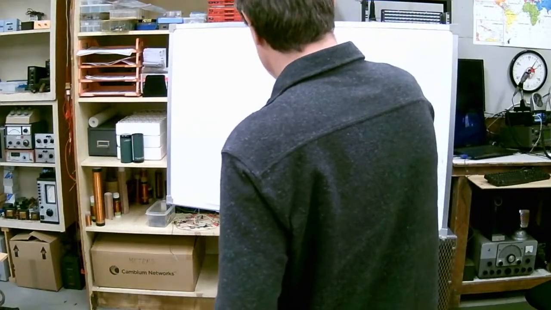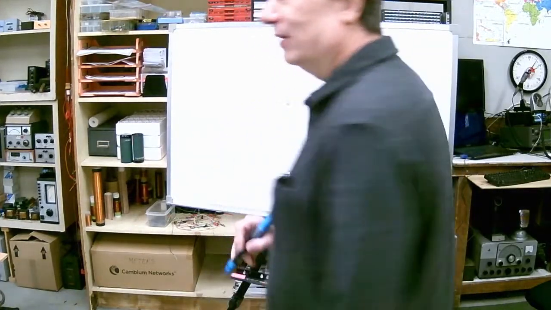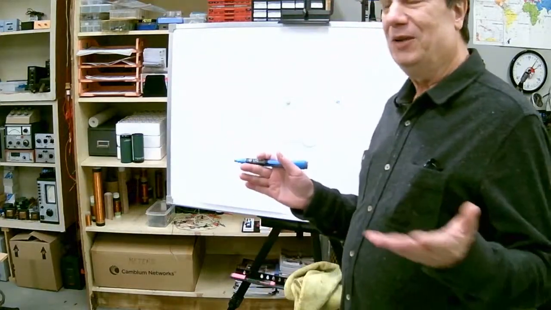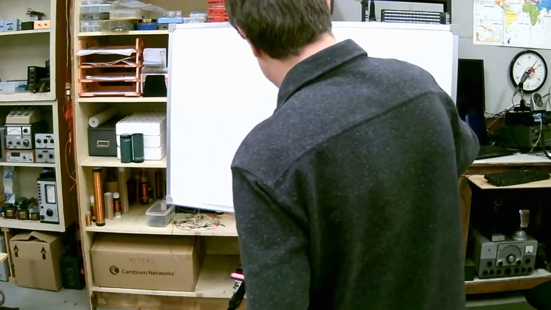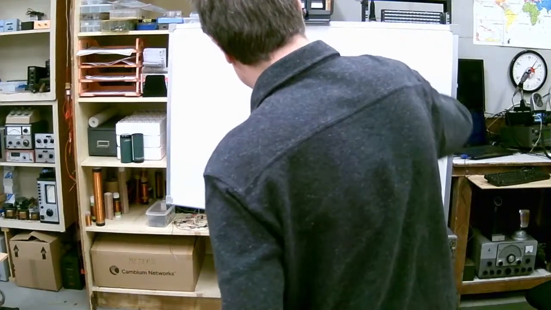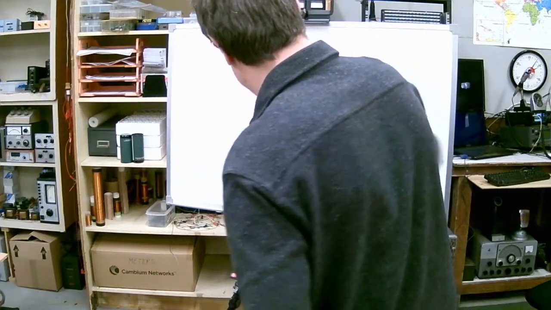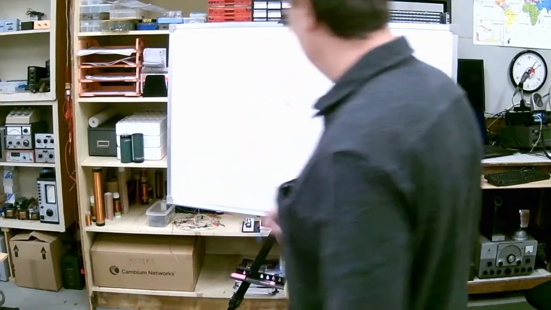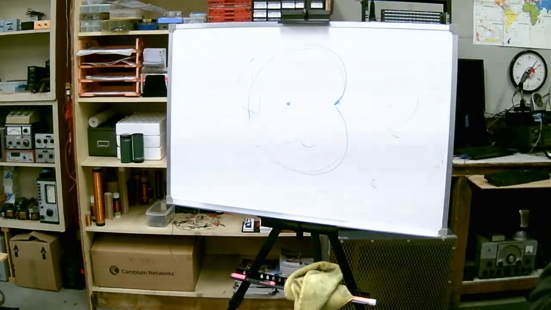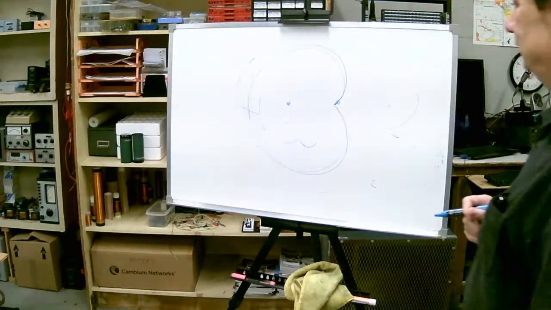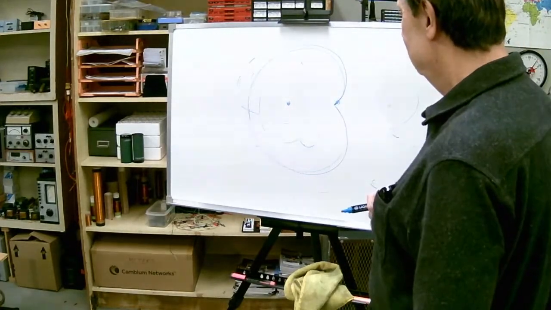So if we put these a quarter wavelength apart and feed them 90 degrees out of phase, we end up with a perfect cardioid, with a perfect null in this direction and a little bit of reinforcement out that side.